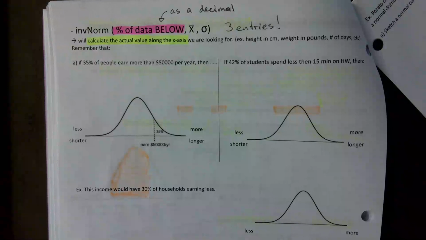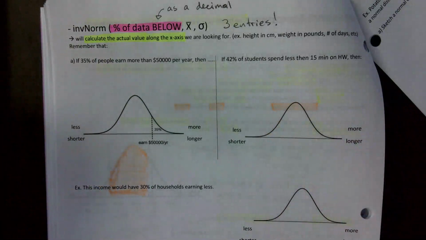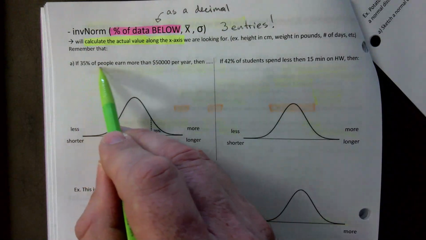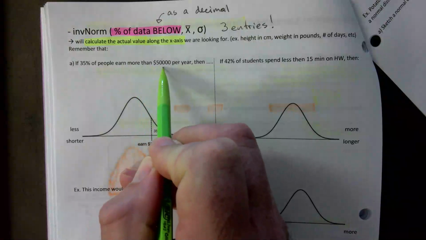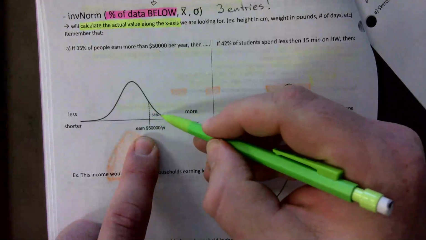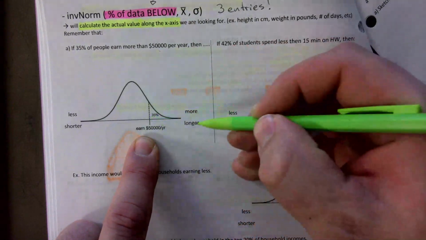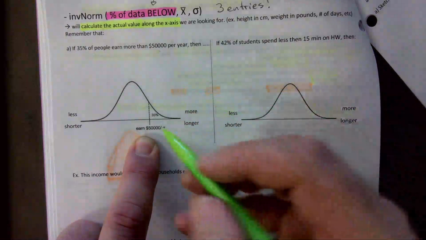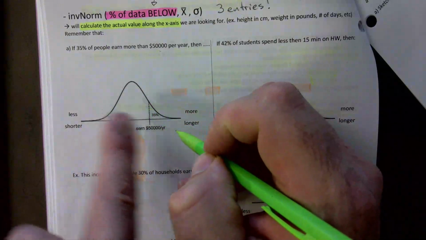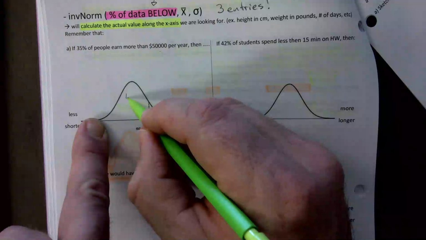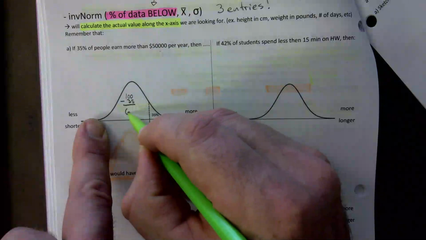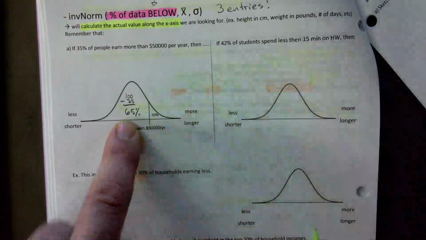So, question here. Let's wrap our heads around this part. If the question says 35% of people earn more than $50,000 per year, that obviously means the 35% is to the right of that value because you earn more. If this is 35, what would this section here to the left be, the people earning less? 100 minus 35, so this chunk automatically is 65%.